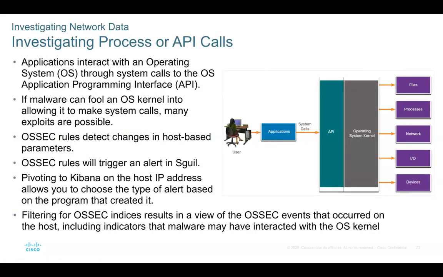Moving on. Now, investigating the processes or API calls. Application programming interfaces are what an operating system puts out: codes or protocols that applications may use to work with the operating system.